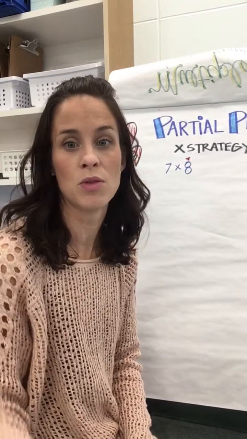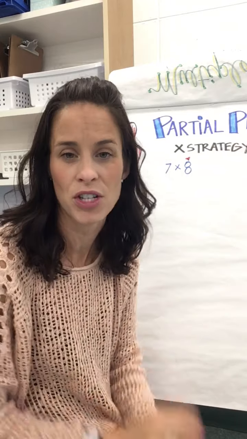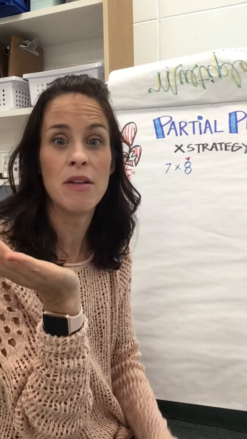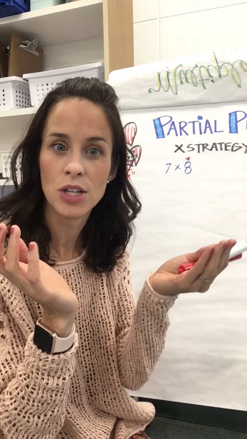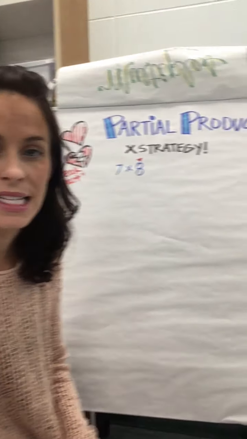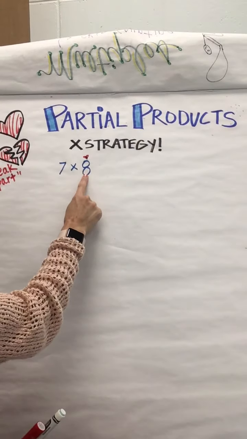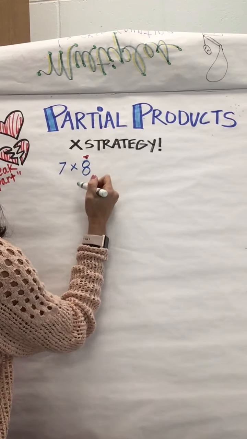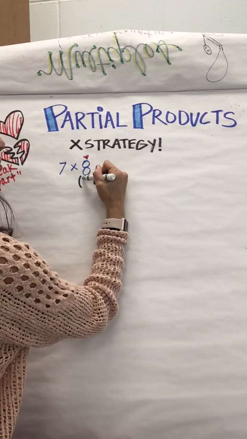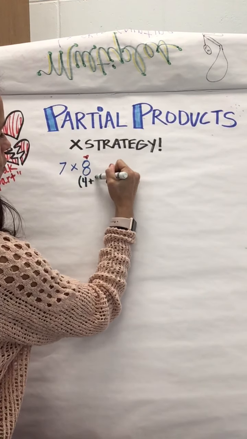Well, 8 could be formed with 4 plus 4, and that's my first thought. You could do 7 plus 1 is 8. You could do 6 plus 2 is 8. So there are different ways to break up 8. Let's use my first one: 8 is also 4 plus 4.